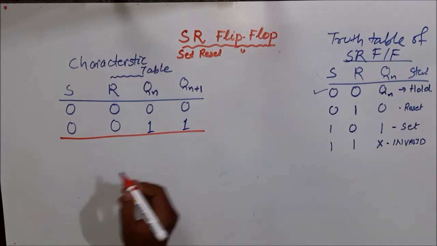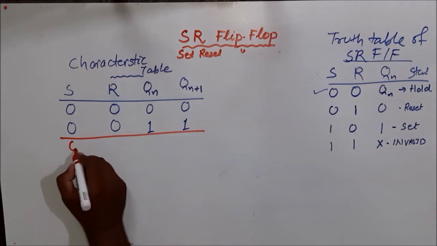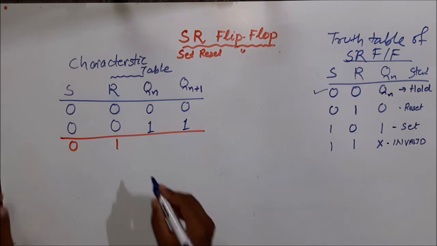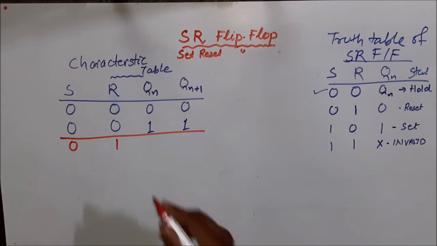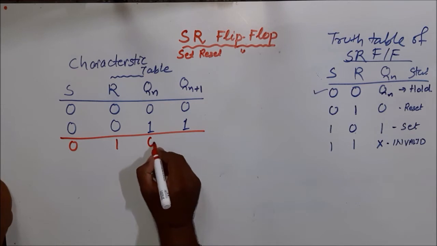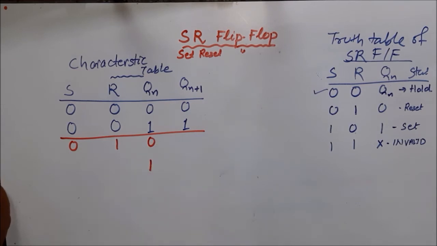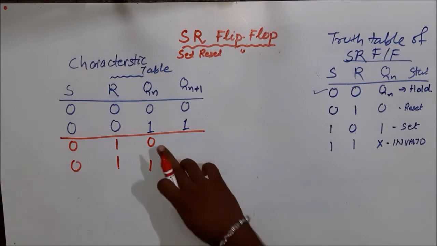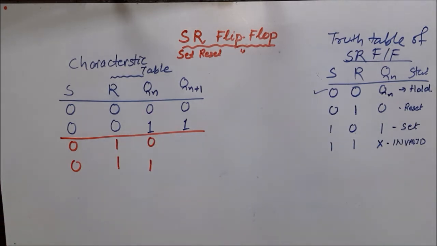Okay. So when you go for S equal to 0 and R equal to 1, what happened? So I do not know what is the previous state. Previous state may be 0, may be 1. Clear? So for 0, 1, previous state may be 0, may be 1, like this.